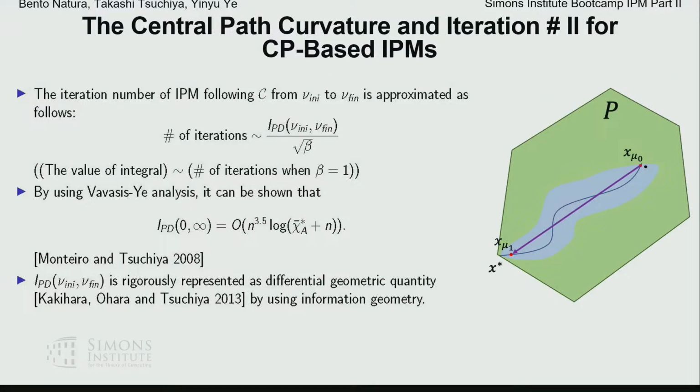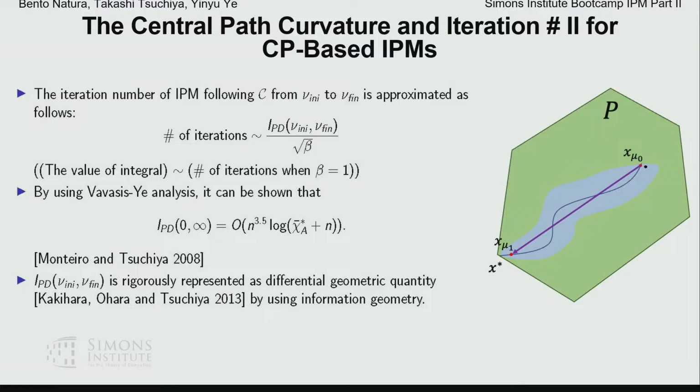So the other way to say it is the complexity, how many iterations you need to implement the standard interior point algorithms. The worst case is basically dependent on the coverage. Beta is some kind of a constant.